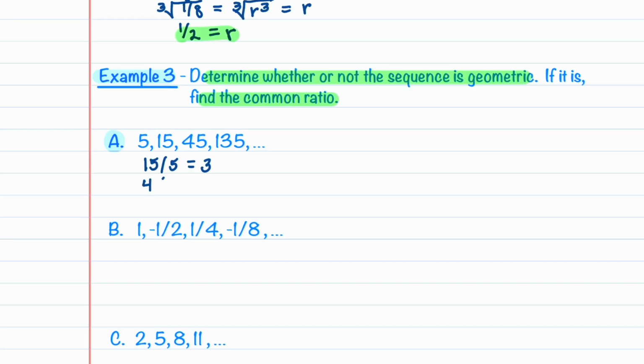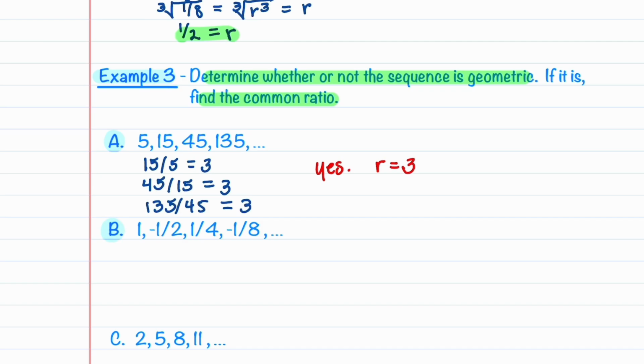So we're going to take 45, divide it by 15, and again we get 3. And then let's look at 135 divided by 45. That is also 3. So our consecutive terms have a common ratio, and that tells us that our sequence is geometric. So let's put a yes. And our common ratio is R, and that's equal to 3.